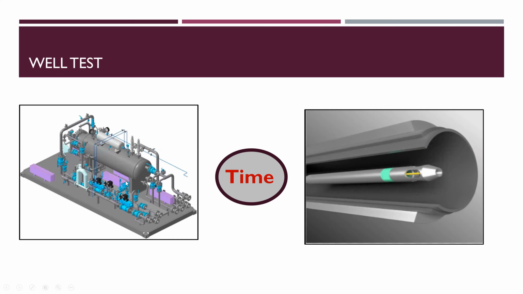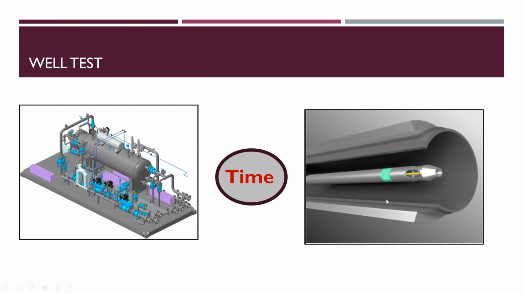Here is a sketch of the surface separator, and this one is the downhole gauge. We have two types of gauges. The first one is a memory gauge that we can set for a duration of time to record the pressure. After that, we extract it and dump all the details, and we start the process of analysis.